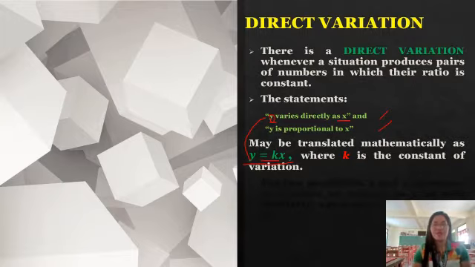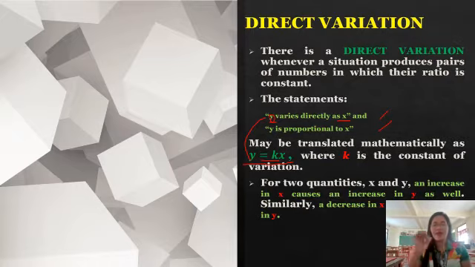So that's why you have y equals kx. For two quantities x and y, an increase in x causes an increase in y as well. Similarly, a decrease in x causes a decrease in y. So in direct variation, if one of the variables increases, the other one will also increase.